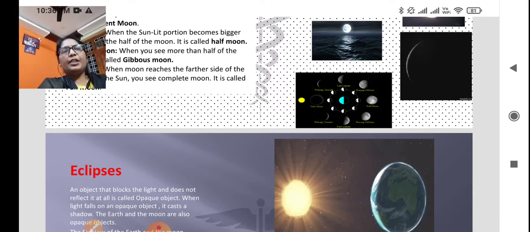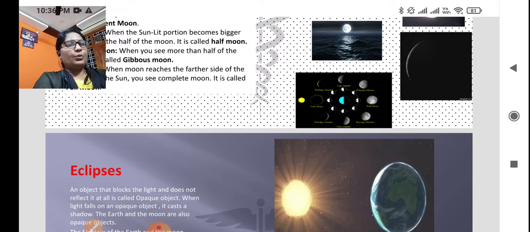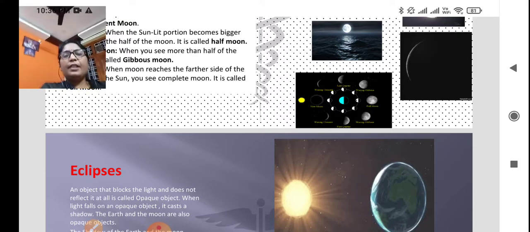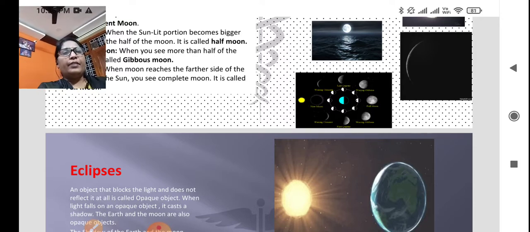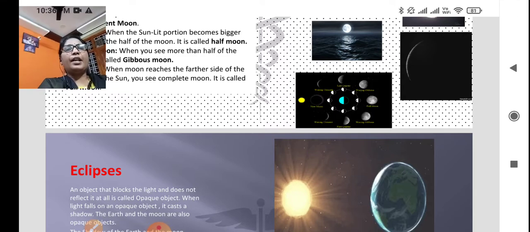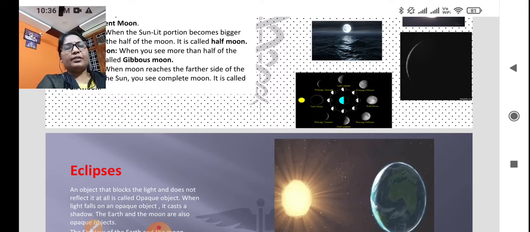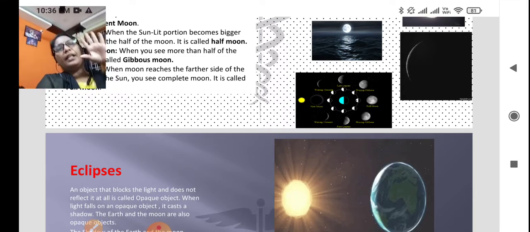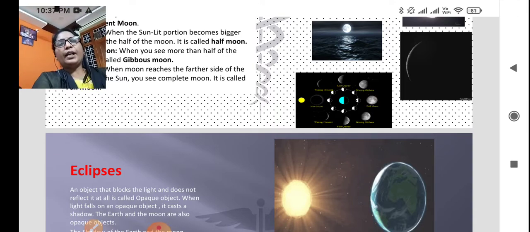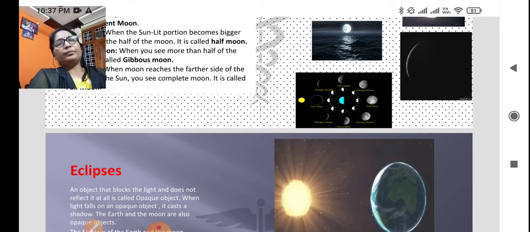A cardboard is an opaque object, so it does not allow light to pass through. In the same way, our earth and the moon are also opaque objects. So whenever sunlight falls on the moon and earth, their shadow will form.